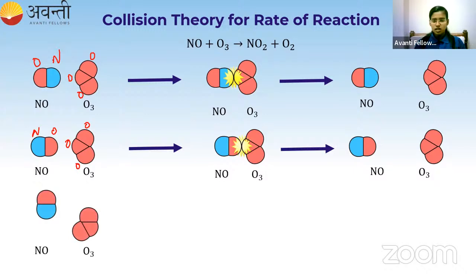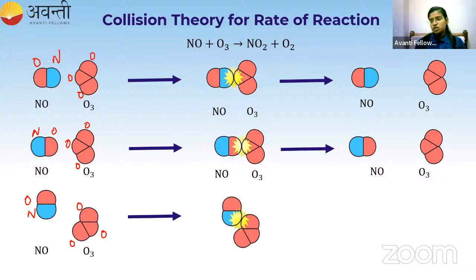so here you see, I have changed the NO. Before, NO was like this and now it has been changed. At the bottom I have nitrogen and at the top I have oxygen. Now the oxygen of ozone will come and try to collide with the nitrogen. Okay. And now the orientation is proper.